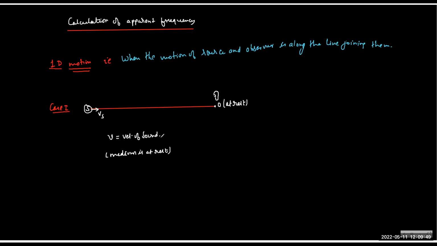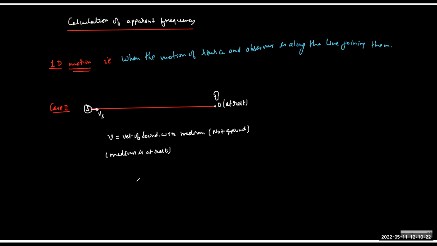So v represents the velocity of sound with respect to the medium, not the ground. So all calculations about the velocity of sound are only for the medium frame, which may be water, air, glass, whatever. And because I'm assuming the medium is not moving, it will translate into the velocity of sound with respect to the ground also. But this is not always the case.